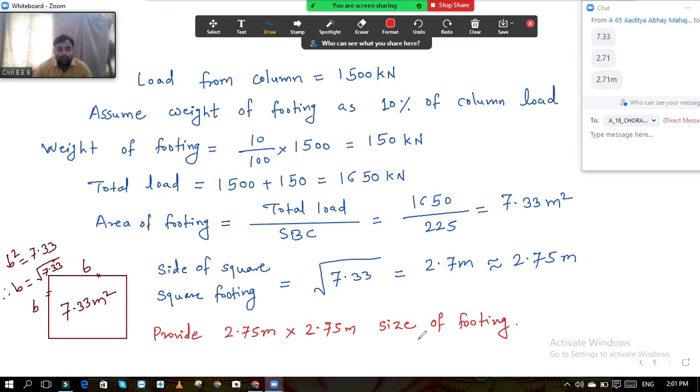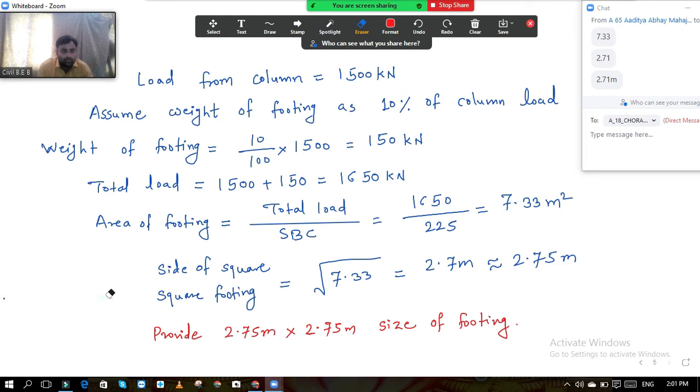So now we have got two dimensions. Okay, so here if I show you now what we have got, this is our footing. Okay, and for this footing this side is 2.75 meter and this side is also 2.75 meter.